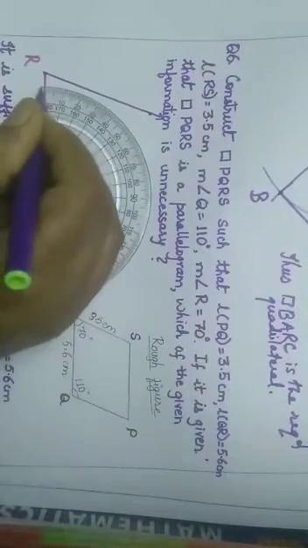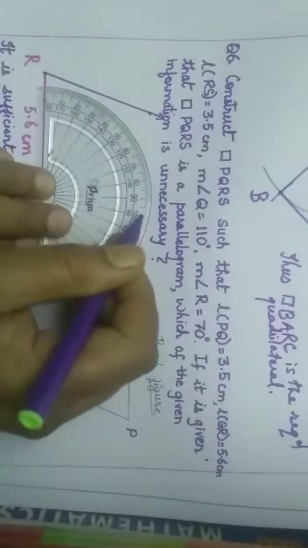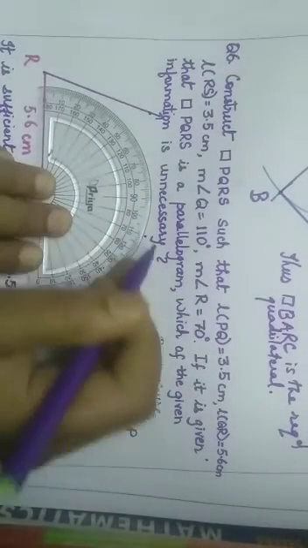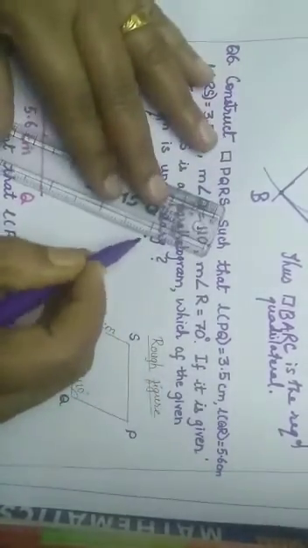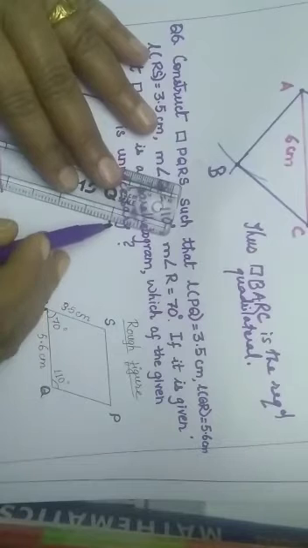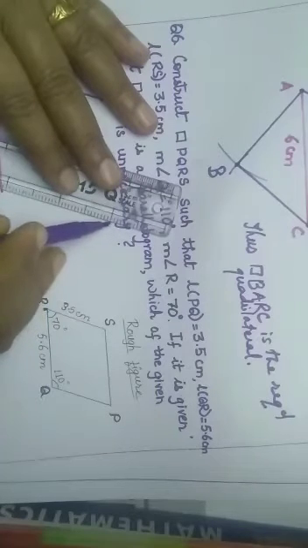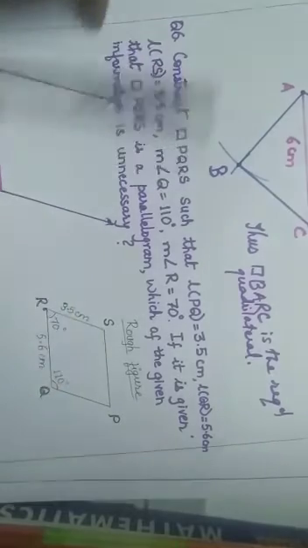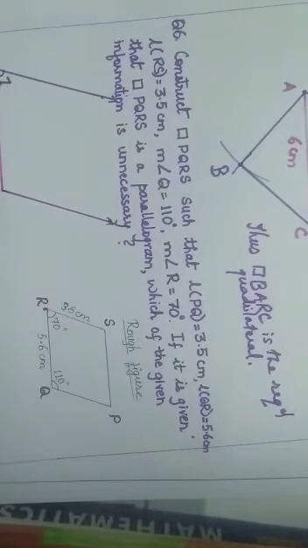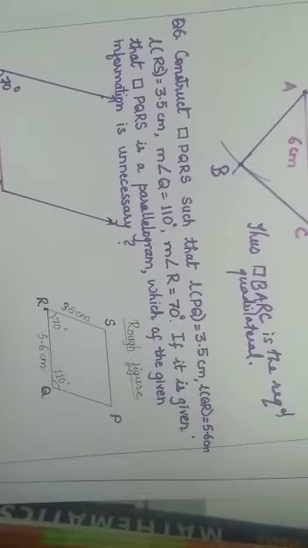So at Q, from 0, 90, this is 100 and this is 110. So put a dot over there and then draw a ray towards that point. In this way, you have drawn R as 70 degree and you have drawn Q as 110 degree.